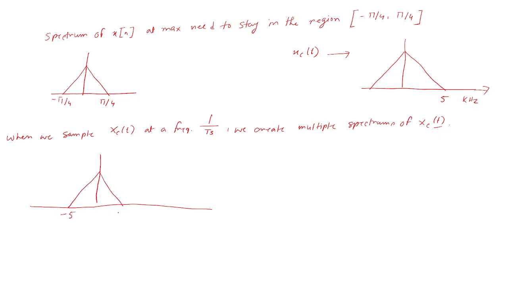Minus 5 to 5, consider this is your Fs, that is Ts is the sample duration, 1 over Ts is your frequency at which you are sampling. It creates multiple copies.